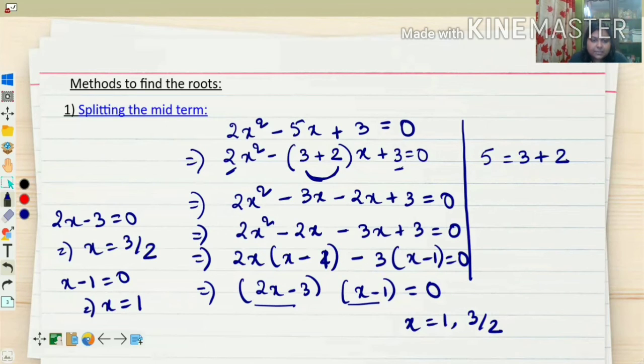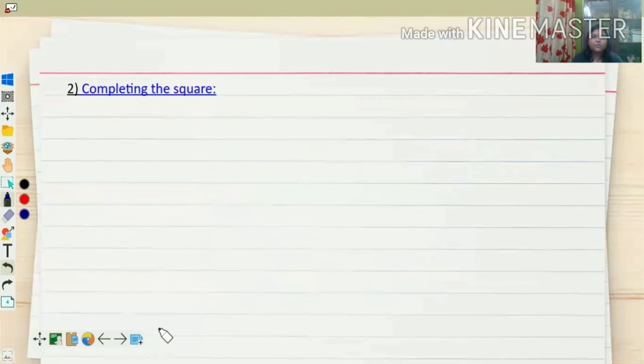Next method is completing the square. Again, suppose we have a quadratic equation, say x squared plus 4x minus 5 equals 0. Now, how do we use the completing the square method to find the roots of this equation?